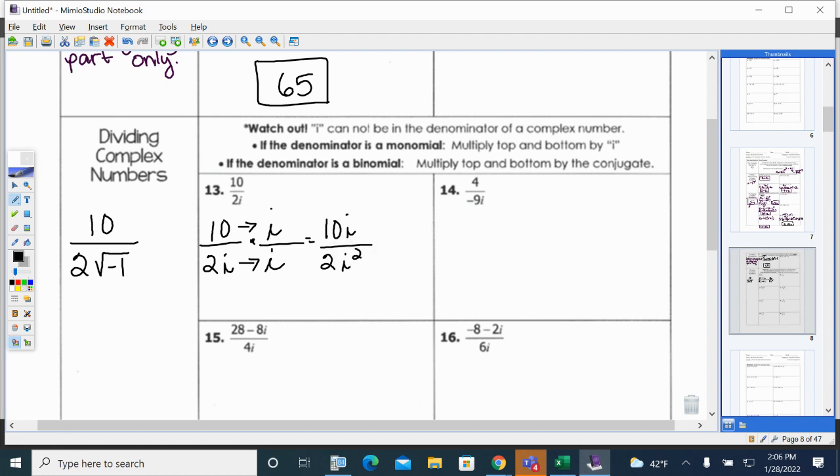Now let's reduce. 2 goes into 10 5 times, right? And then i squared is equal to a negative 1. So I have 5i over negative 1, which I don't like negatives in the denominator. Never leave a negative in the denominator. Plus the denominator is a 1. So my final answer here is just negative 5i.